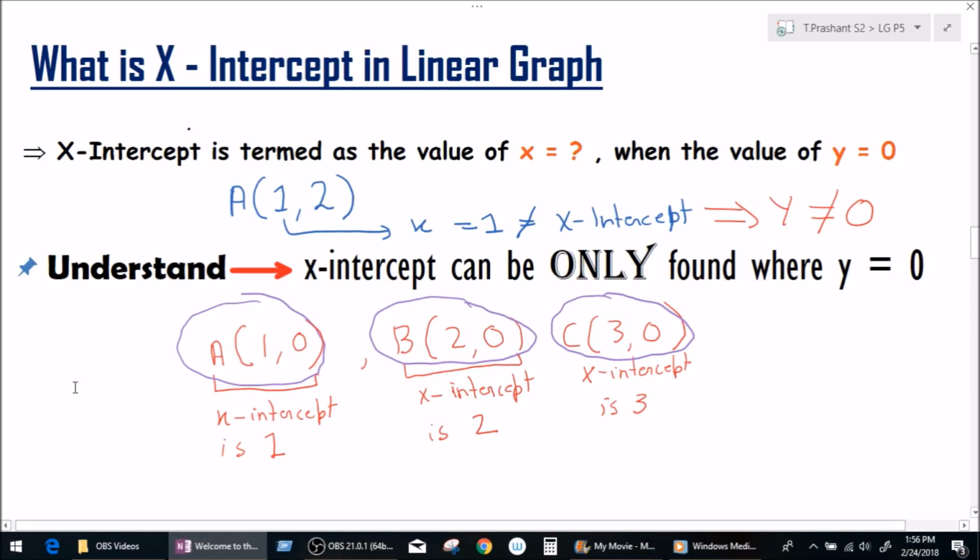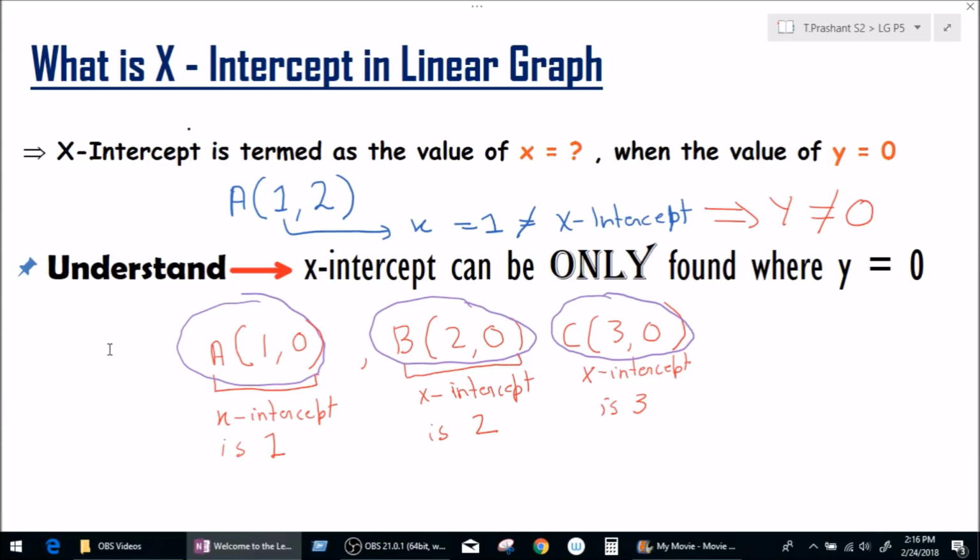What they are trying to say is there are multiple coordinates on the graph where we could find a value for our x-intercept. Now please understand what that means. That means that A, B, and C are not the only 3 points on the graph which will give out a value for x-intercept. There are so many other coordinates on the graph where you can find a value for x-intercept. So how do we find all those other points on a graph? We can easily find those coordinates by writing x as a different number in a coordinate every time we write x with y equals 0.